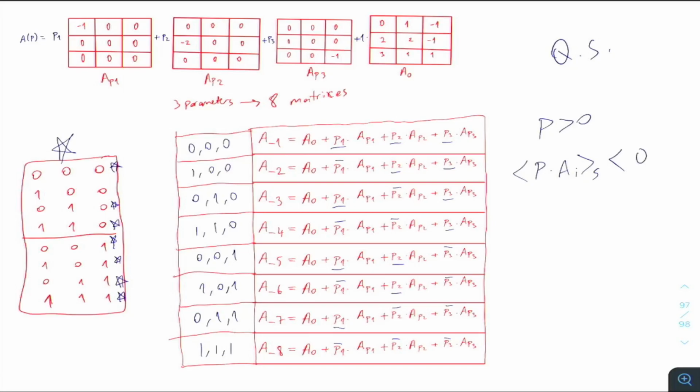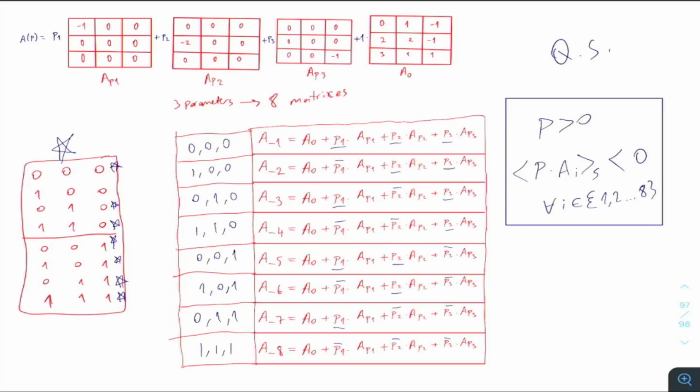And here's a catch, for all i in 1, 2, dot dot dot 8. If we have another constraint, no, we don't have another constraint. Basically this is the optimization problem.